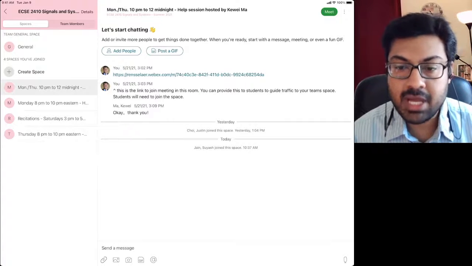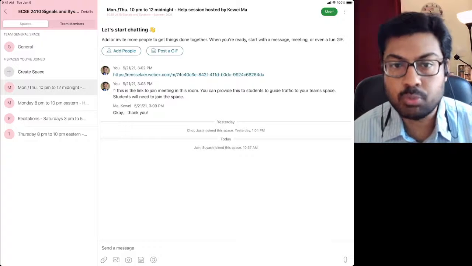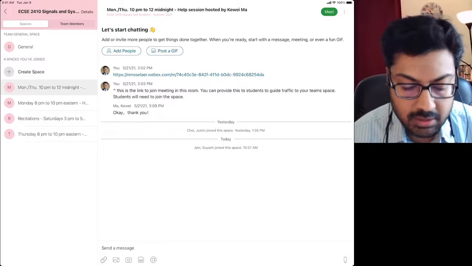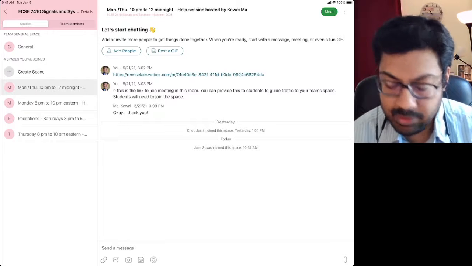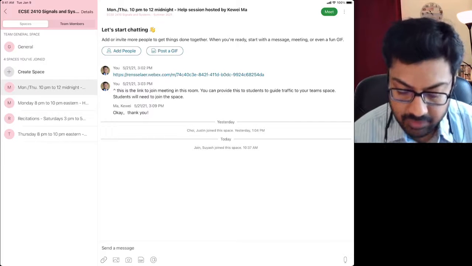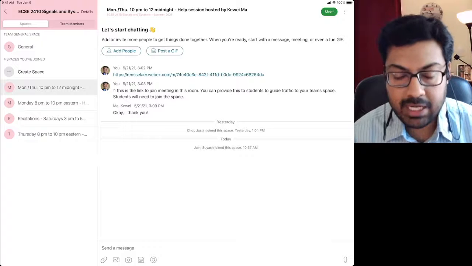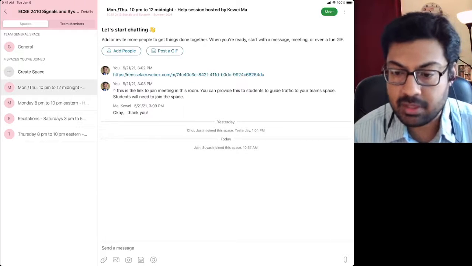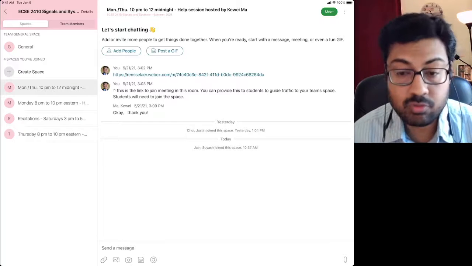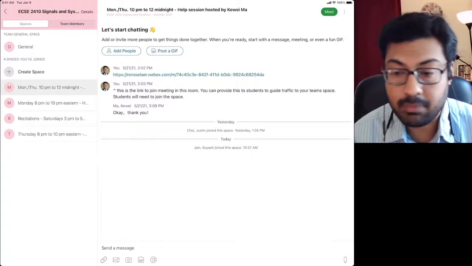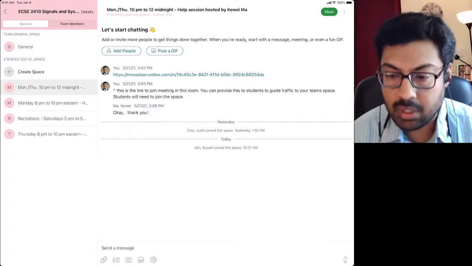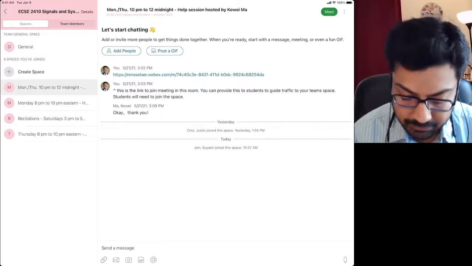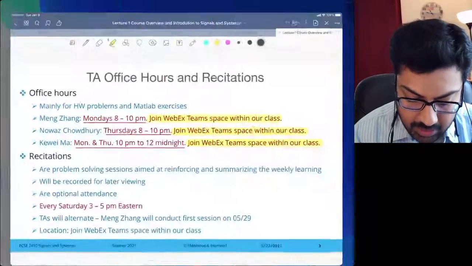I will be using Piazza to push through big announcements, but for smaller announcements, I will be using the Webex Teams space. There are smartphone applications for Webex Teams, Webex Meetings, and Piazza. So I would encourage you guys to install them on your laptop or maybe even your smartphone, so that you can get all the updated communication. All right, let's go back here.